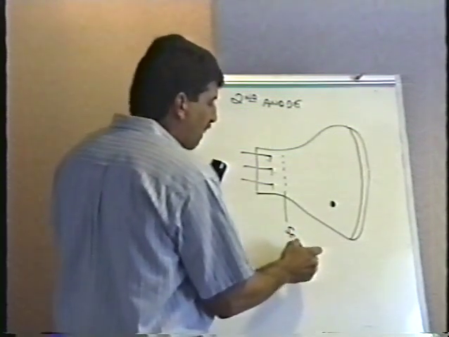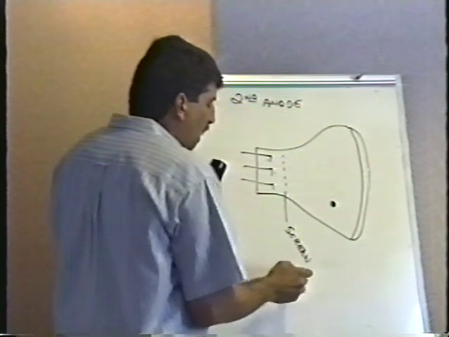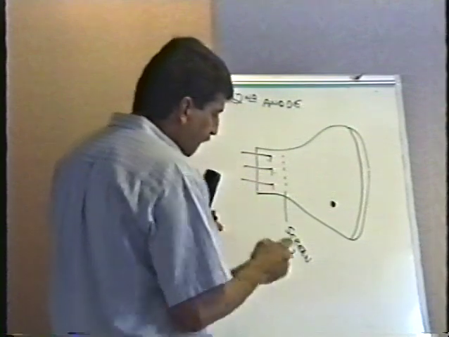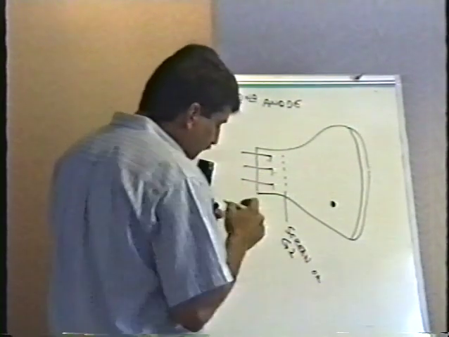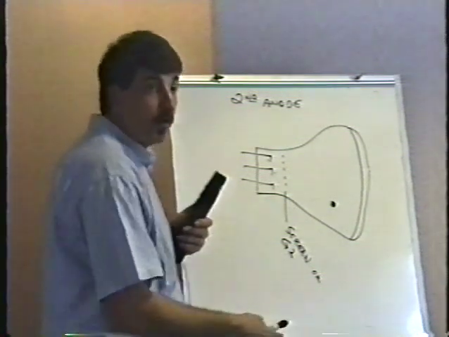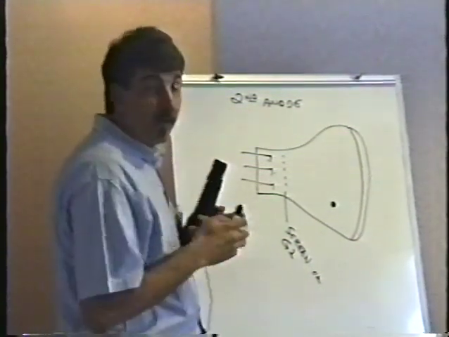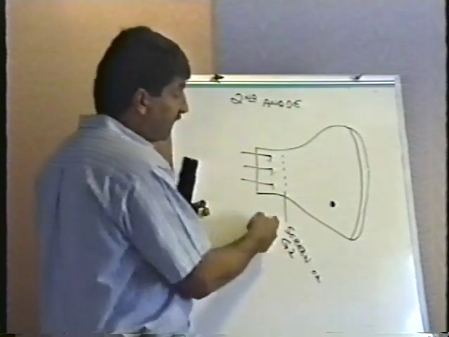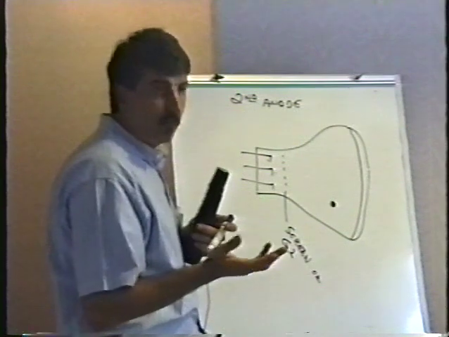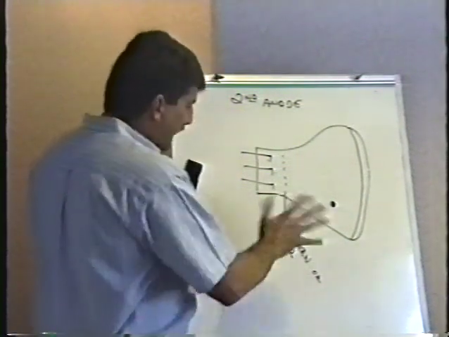The first anode is called the screen, also known as grid number 2, G2. Remember, I mentioned that the brightness control on a monitor is called the screen control. When you're adjusting the brightness control on a monitor, the main screen control, you're actually adjusting the voltage on that screen, which can be anywhere from a couple of hundred volts up to 1,000 volts or so. So that's really the first anode.